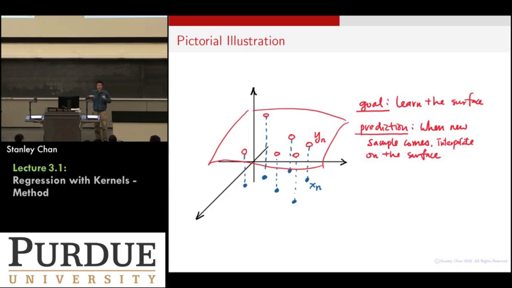Linear regression says that I'm going to draw the surface by looking at all the data at once. Global structure. Kernel method says that I'm going to do this locally. I will still draw a surface, but it will be a different surface, and we'll do the surface drawing locally. Then when a new data point comes, I will just grab its neighborhood and make a prediction. That is the picture between a linear regression and a kernel method.